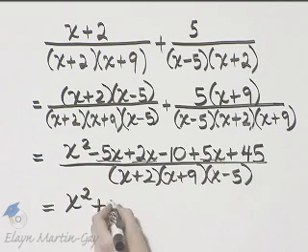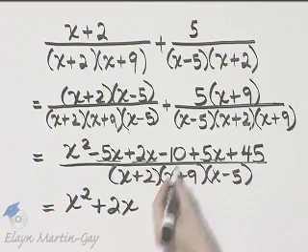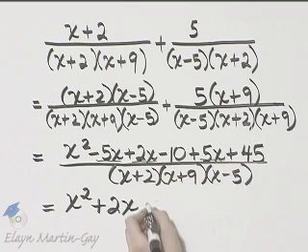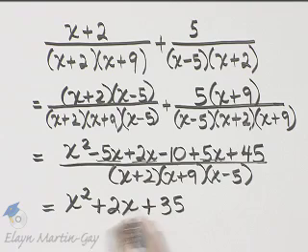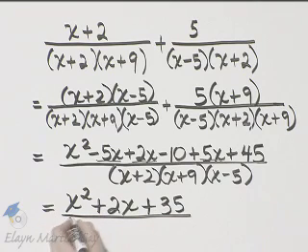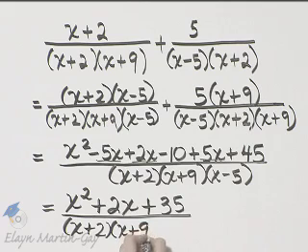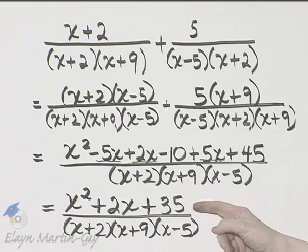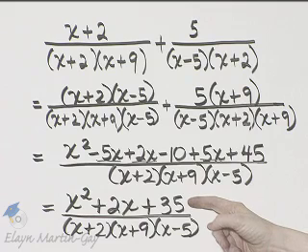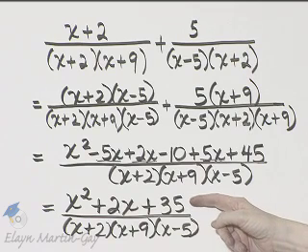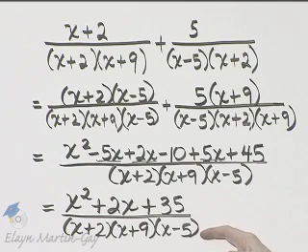So plus 2x, and then I have negative 10 plus 45, that's plus 35, all over still that denominator, x plus 2, x plus 9, and x minus 5. I'll let you check and see if you can factor this numerator, but it is not factorable over integers, so there's no simplifying that can be done, and here is my sum.